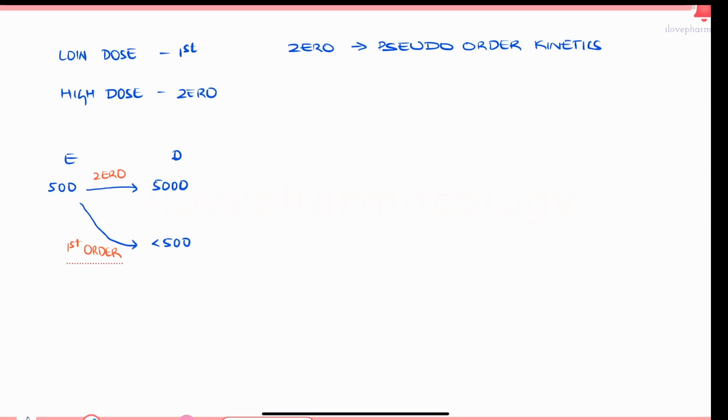Initially it follows zero order kinetics. Once the drug concentration reduces to less than 500, the same drug will follow first order kinetics.